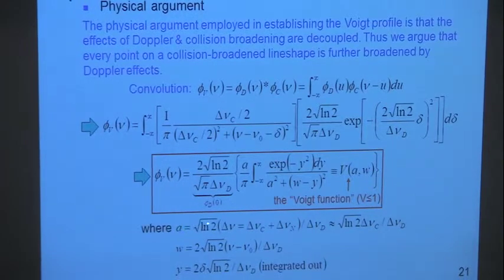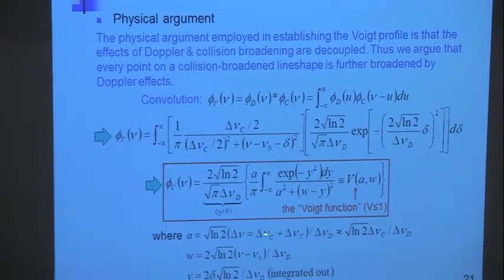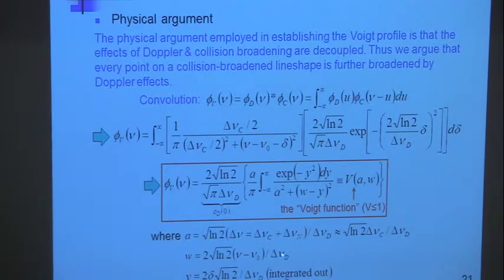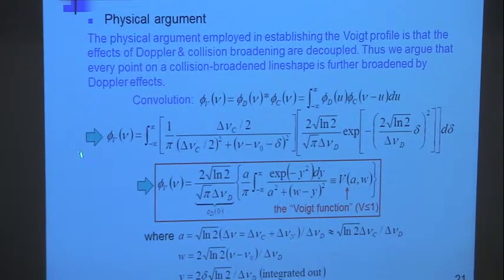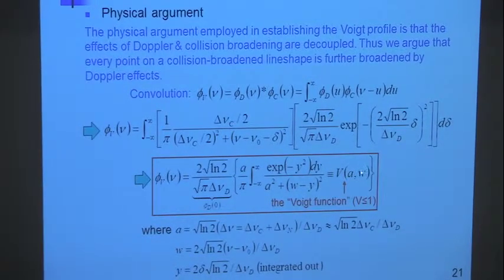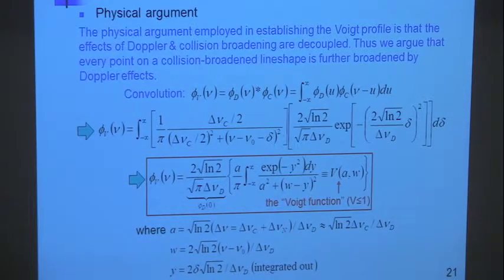A, which is the ratio of delta nu c over delta nu d times square root log 2. W is the distance from line center normalized by this Doppler width. So that you can write this equation in terms of two variables. You tell me A, and you tell me how far you are from line center, and I can tell you the line shape function. Along the way, when you do this integral, you get rid of the dummy variable y here.